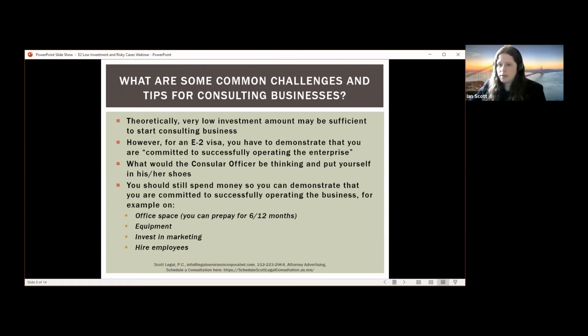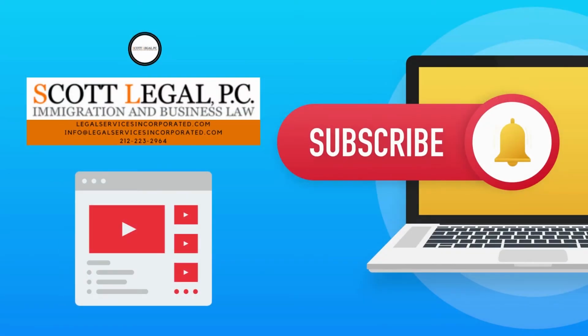You don't want to just spend money to spend money, but you may move up some of the expenditures. Perhaps you didn't plan to hire an employee in year 1, but you do it because it helps to strengthen the application and to actually start your business. Similarly, you may have planned to buy yourself a new computer for the business in year 2, but you would purchase it earlier because it helps for your E-2 expenditures.